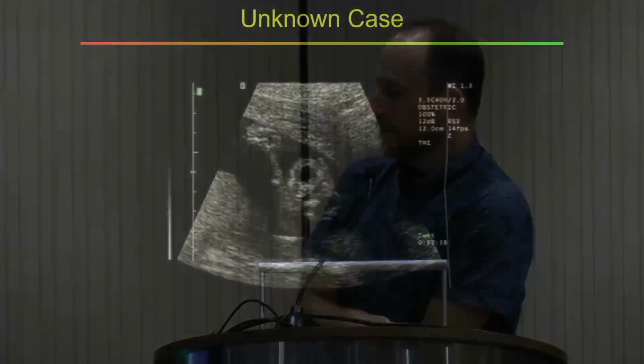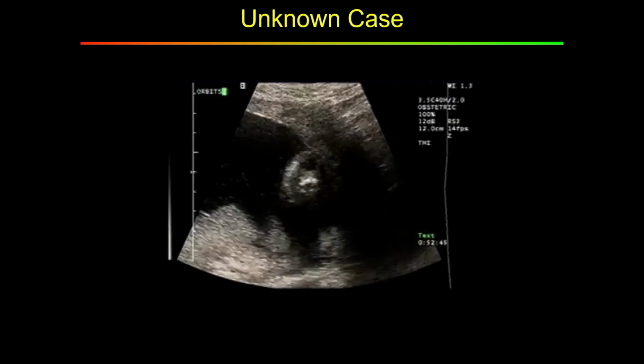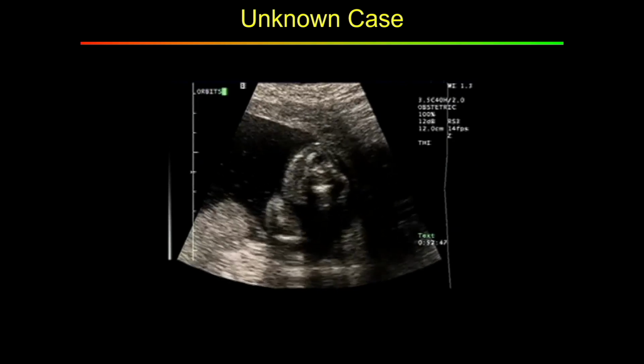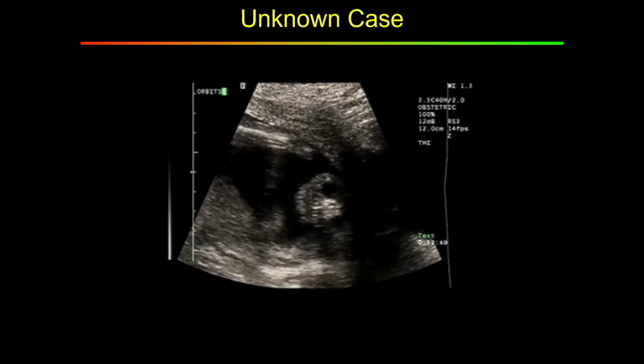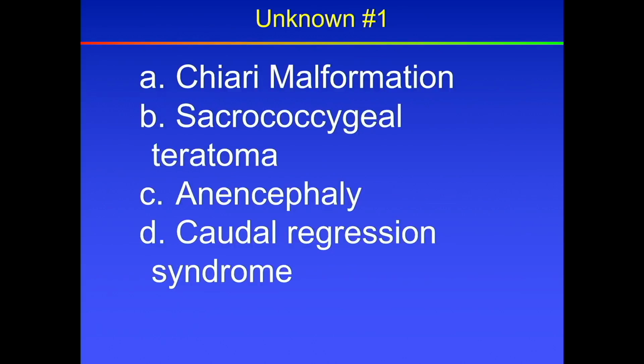Okay, interesting. Okay, so on the cine loop here, we're just showing an unknown case. So what is that? We did see a case of this with Dr. Richmond yesterday. So we see some eyeballs there, right? The orbits are there, but nothing above that, right? So this is what?